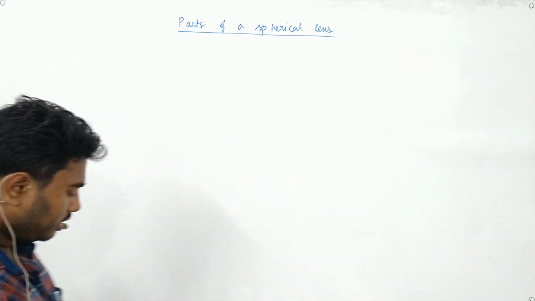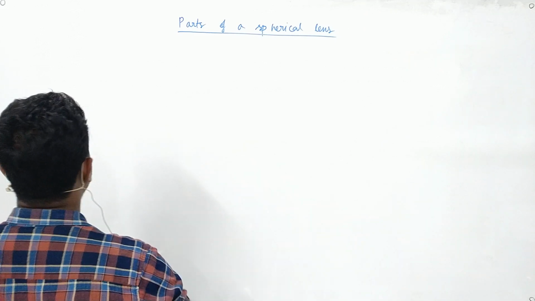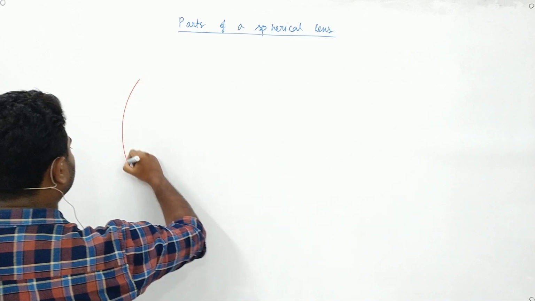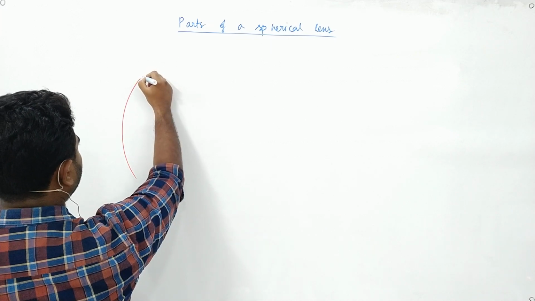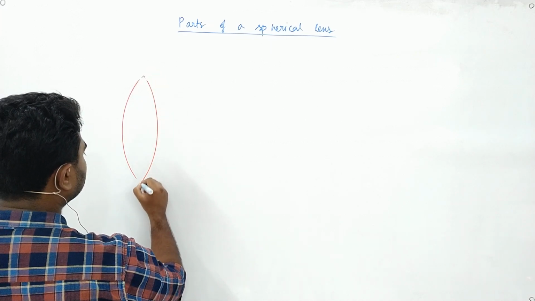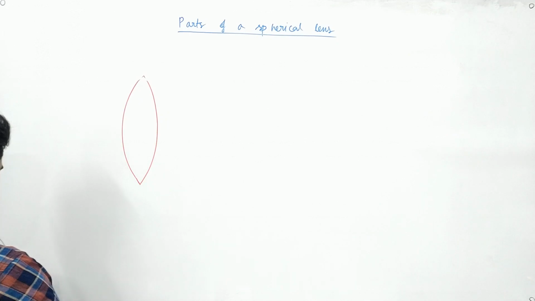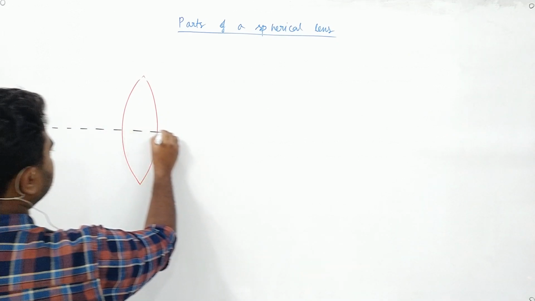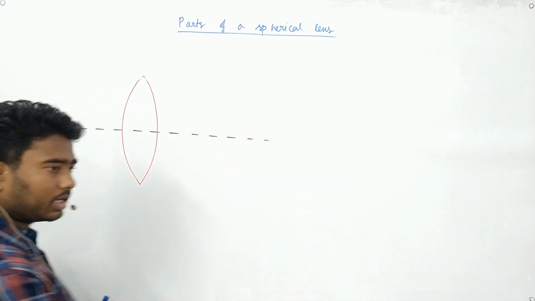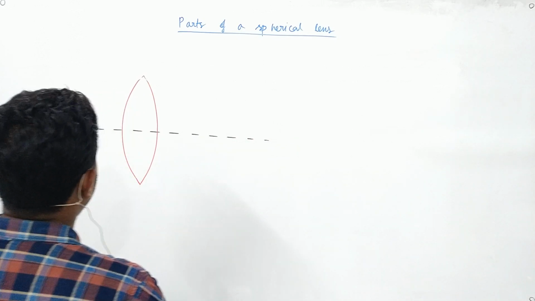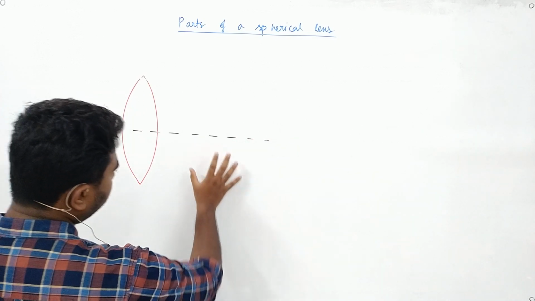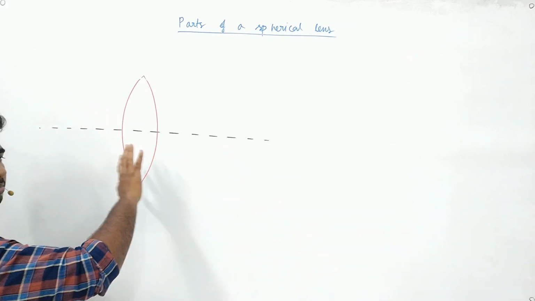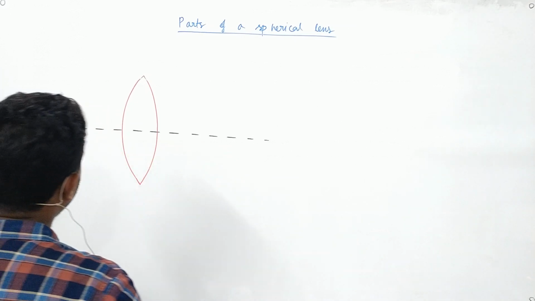Okay, suppose I have a lens like this, and suppose this be the principal axis. We will learn about what is a principal axis later on.